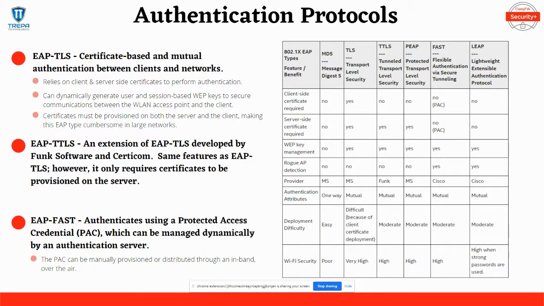And then EAP-FAST will authenticate Wi-Fi clients using PAC, Protected Access Credentials, which an authentication server will manage on your network. Now, we decided just to put these three on the slide because they're the most common, and the ones I want to teach you about.